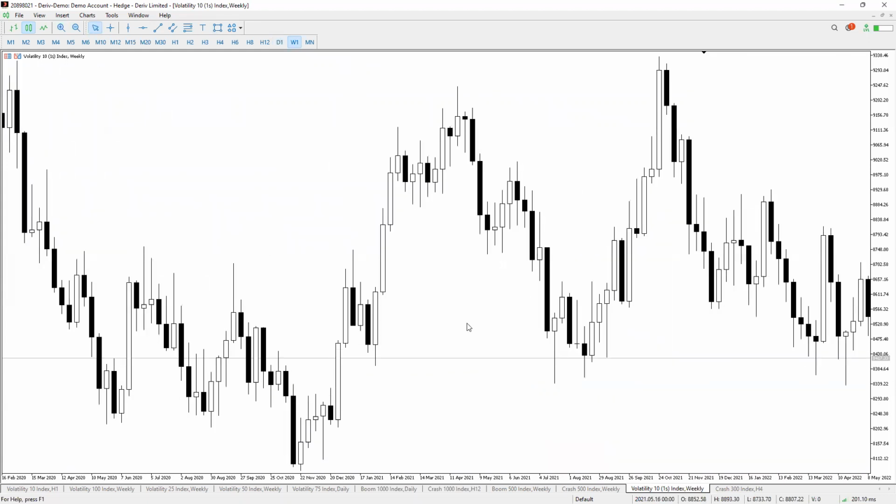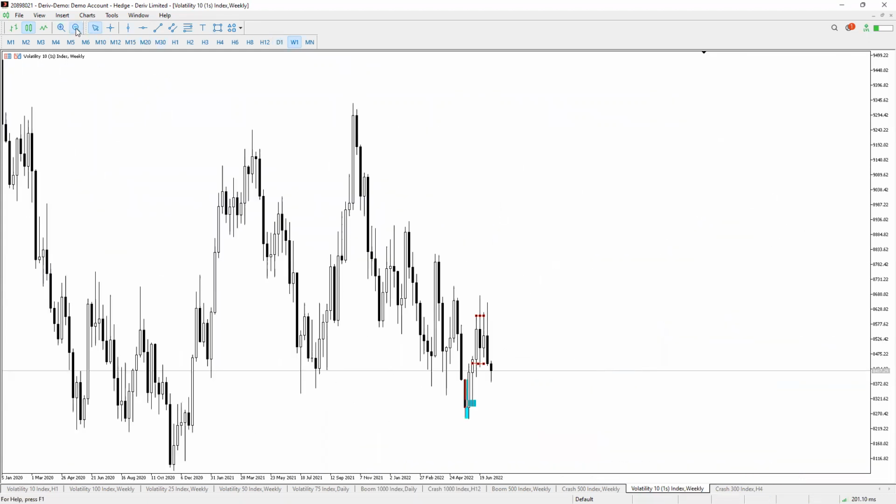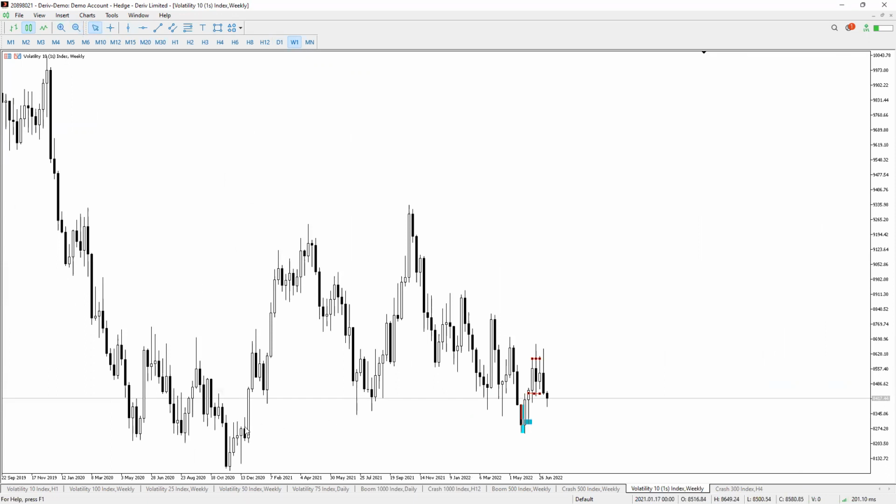Somewhere here, you have a low, a high, a lower low, and a higher high. So you can mark the Quasimodo, this level.